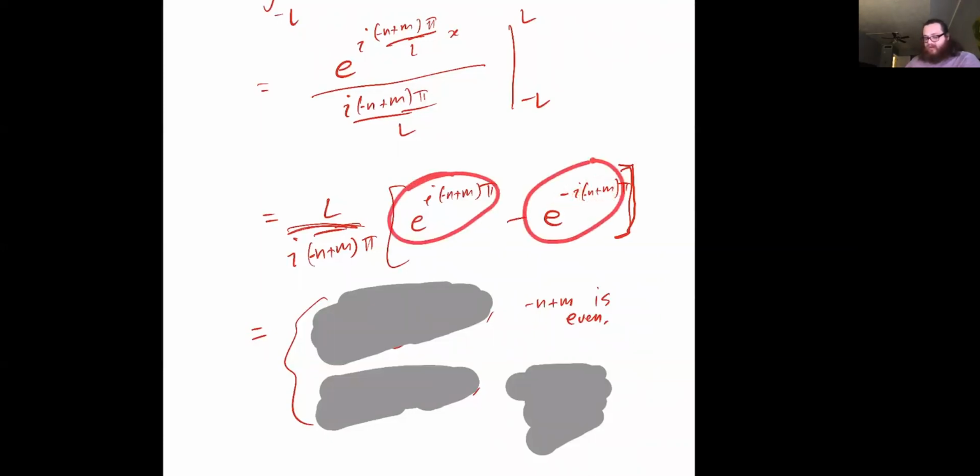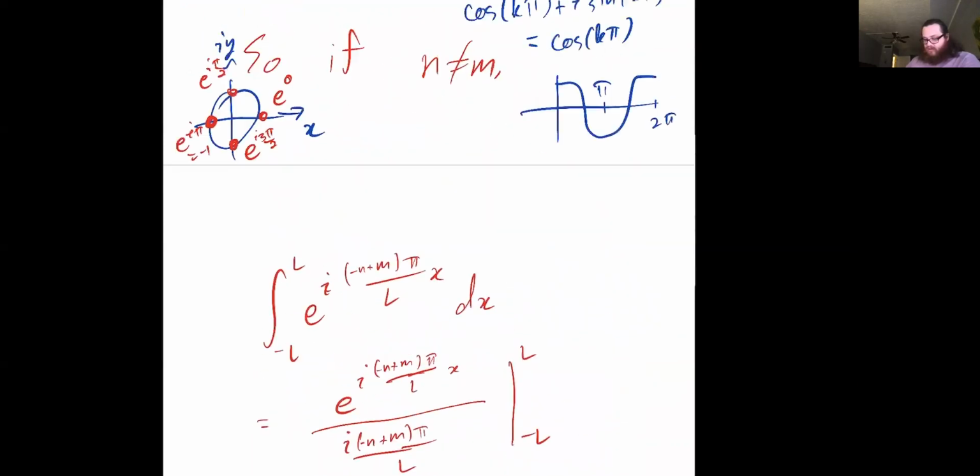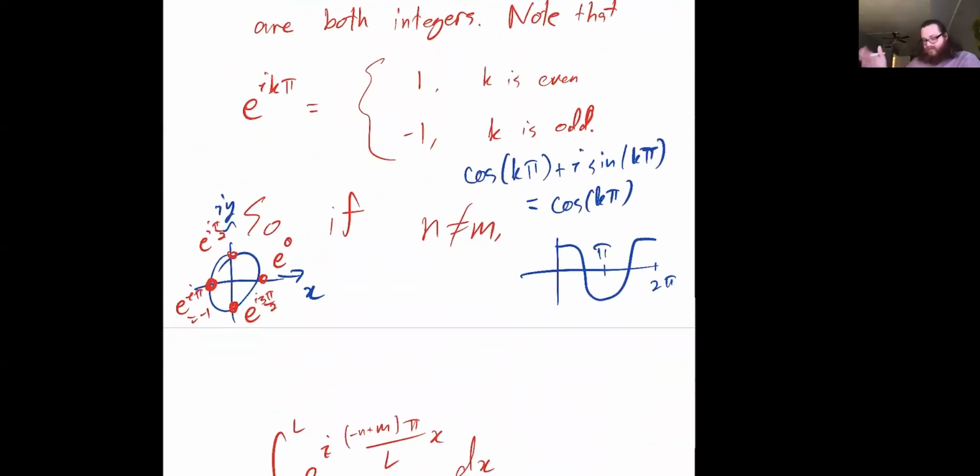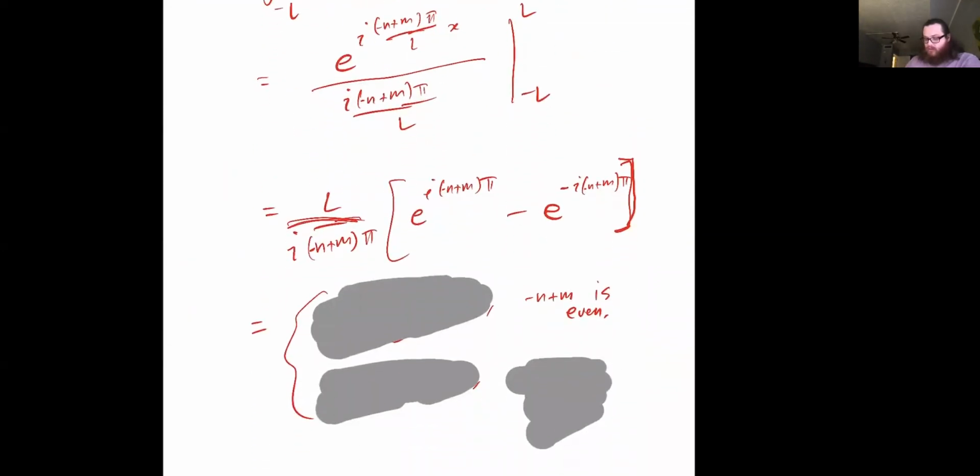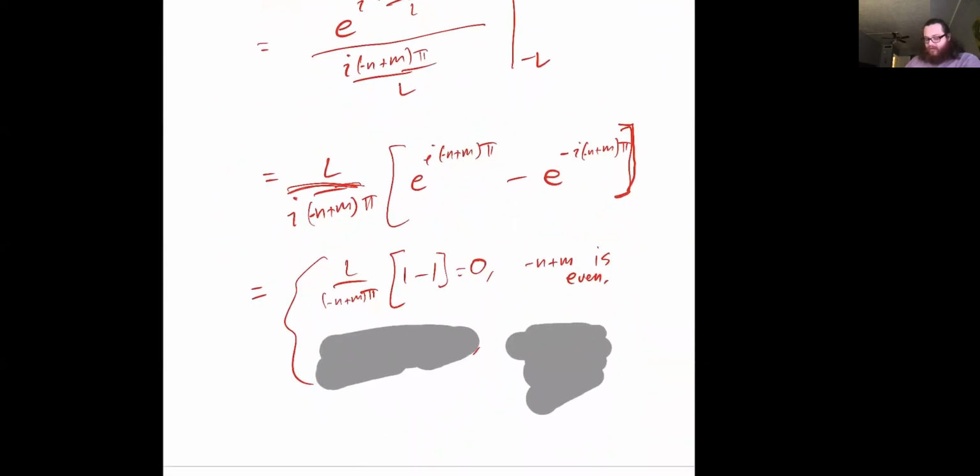So e to the even whatever, both of those things are going to be equal to 1. So here we're going to end up with some constant in front times 1 minus 1, which of course is equal to 0.